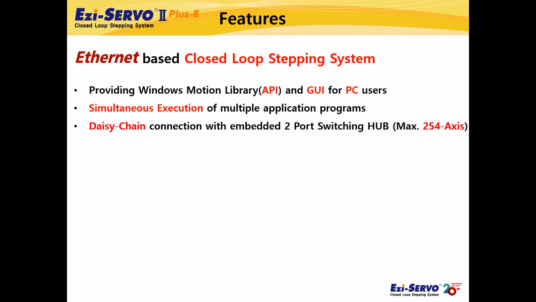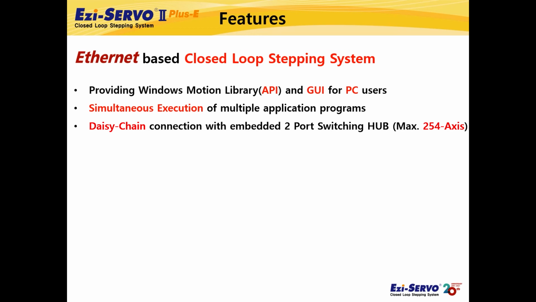Compared to the RS485 communication type product, Ezi-SERVO Plus-R, which was limited to 16 axes even at maximum, Ezi-SERVO Plus-E has 10 times faster communication response time, so you can see that the number of connectable axes has increased.